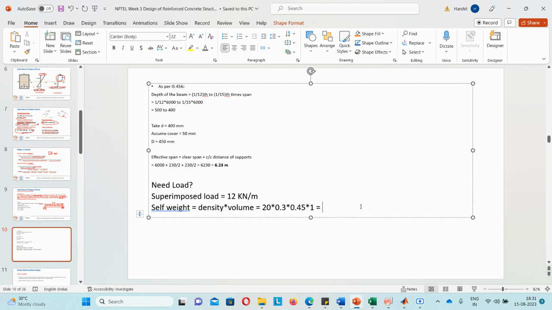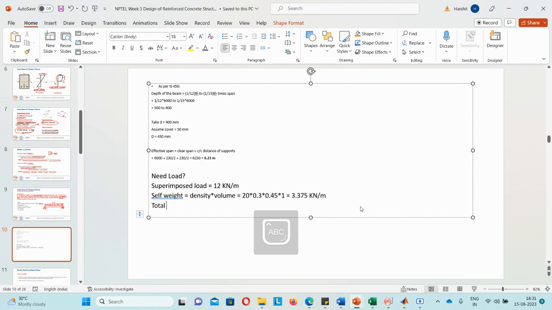Now multiplying these values, we'll get the self weight of the beam, and that will be equal to, let me do the calculation, 3.375 kilonewton per meter. Okay, now what will be the total load then? Total load will be the sum of superimposed load plus self load.